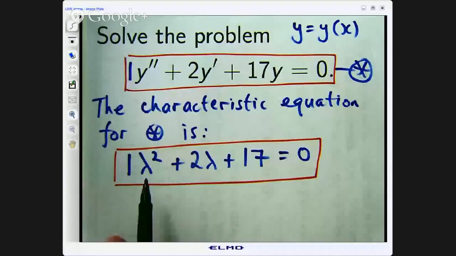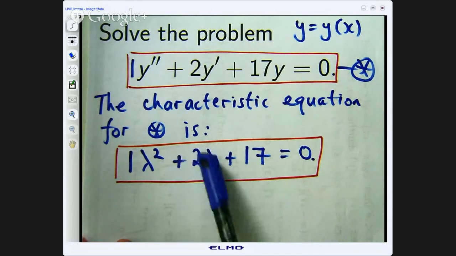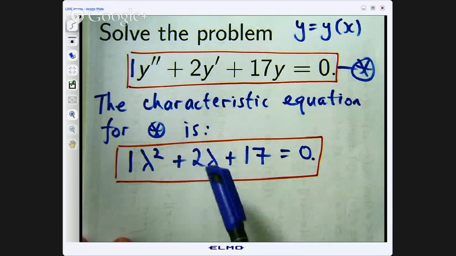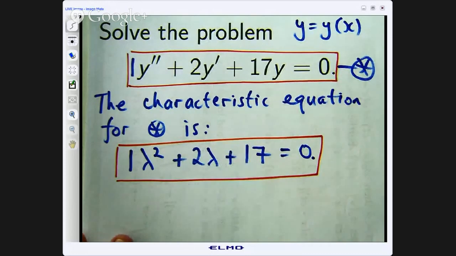I could use the quadratic formula there, but I'm going to choose a possibly faster, alternative method. I'm going to use an idea called completing the square. So what I'm going to do is take half this positive 2, square it, and add it and take it away.